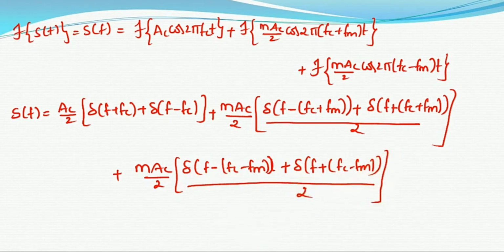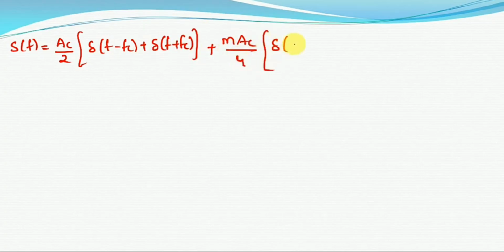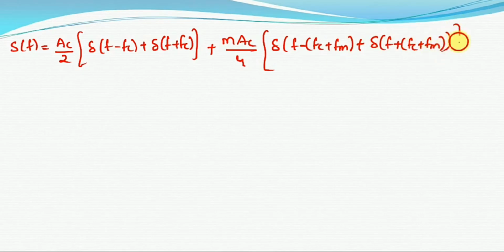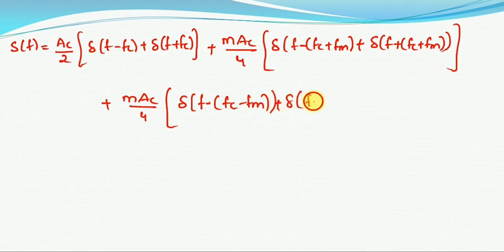If I simplify this equation, S of f is equal to Ac by 2 into del of f minus Fc plus del of f plus Fc, and the next term will be m into Ac by 4 into del of f minus of Fc plus Fm plus del of f plus Fc plus Fm, and the third term will be m into Ac by 4 into del of f minus of Fc minus Fm plus del of f plus Fc minus Fm.